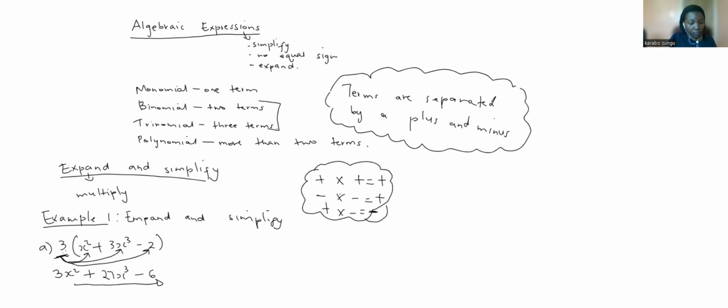And then I want us to look at the multiplication of binomial by binomial. So let's go to example B. Let's say you're multiplying x plus 3 multiplied by x minus 2. So here you're multiplying a binomial.